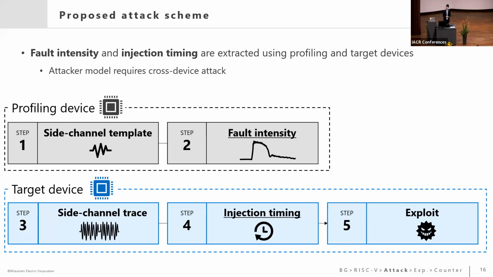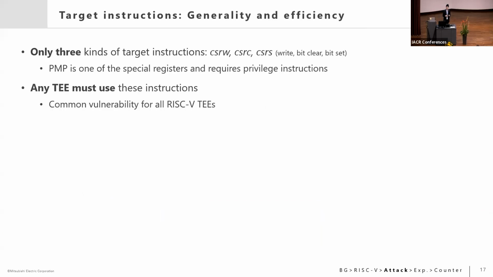Let's see more details. I'll explain the most important aspect of the proposed attack, that is target instructions. This feature makes our attack general and efficient. First of all, we have only 3 kinds of target instructions that rewrite the PMP settings: CSR write, clear, and set.